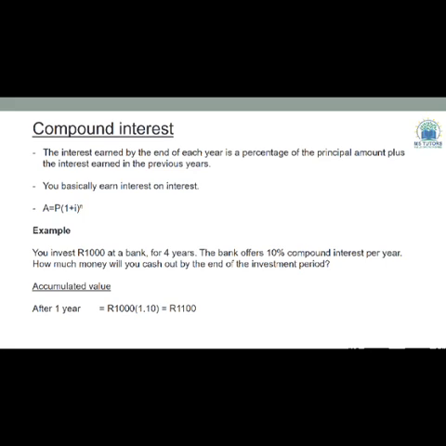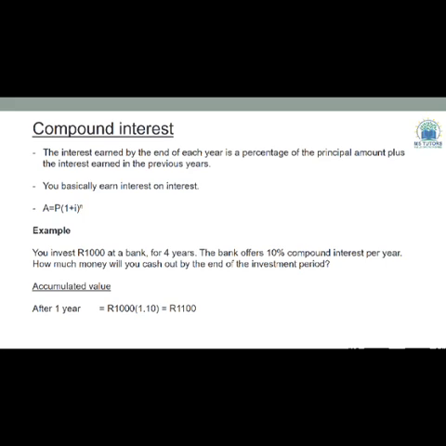So you'll end up with 1,000 rands and 100 rands. So that's the accumulated value by the end of 1 year. So it will basically increase by 10%, which was the 1,000 multiplied by 1.10, which implies 10% growth, right?